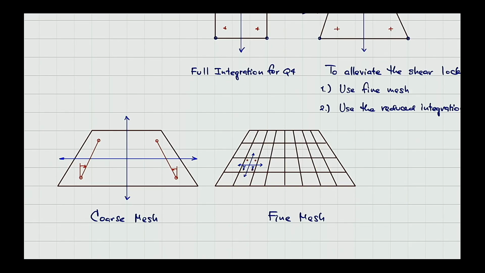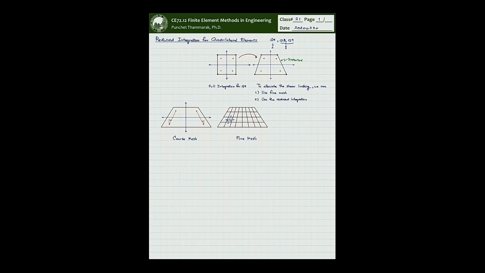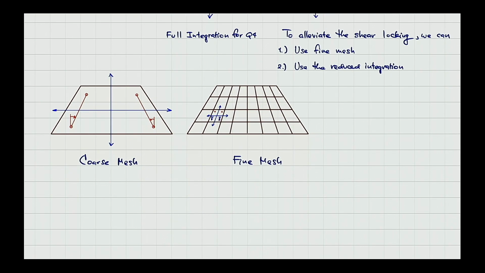So the change of the angle or the distortion measured from these two systems of discretization, you will find that the shear deformation will be more realistic than the previous one.